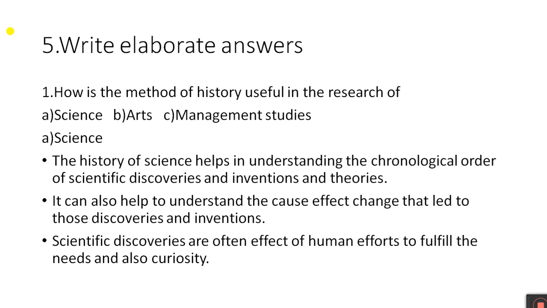It can also help to understand the cause and effect change that led to those discoveries and inventions. Scientific discoveries are often the effect of human efforts to fulfill the needs and also curiosity.